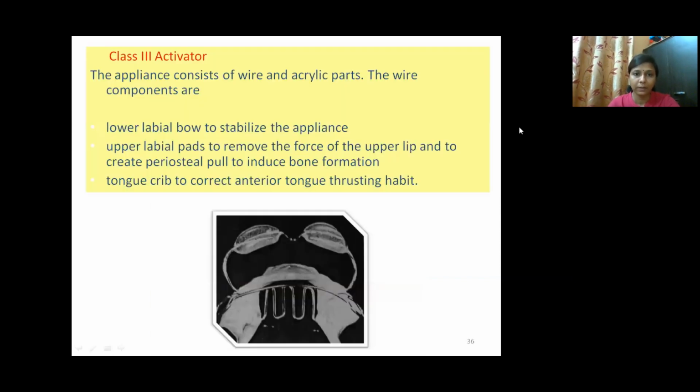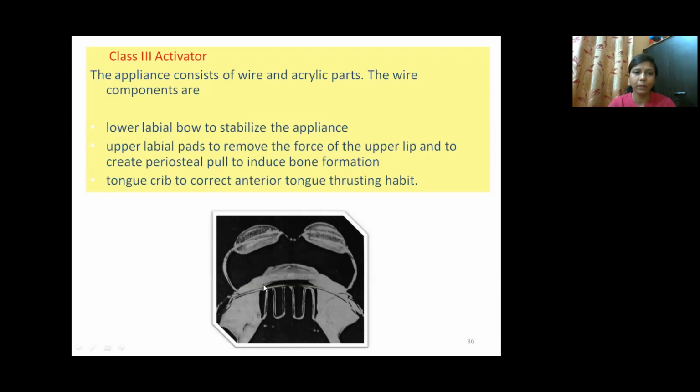Class 3 activator. This is also given in the primary, early permanent, or mixed dentition. In the class 3 activator, the appliance is different from the typical class 2 activator, as here it consists of wire and acrylic parts. The wire component will be a lower labial bow to stabilize the appliance.